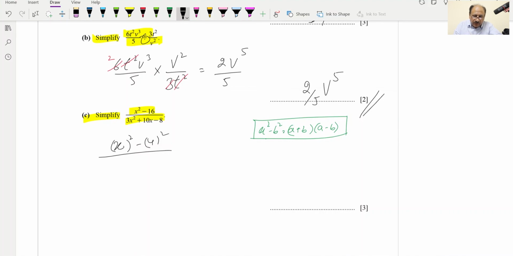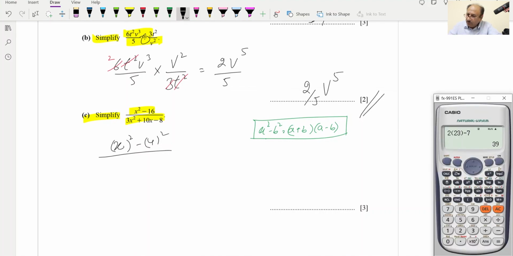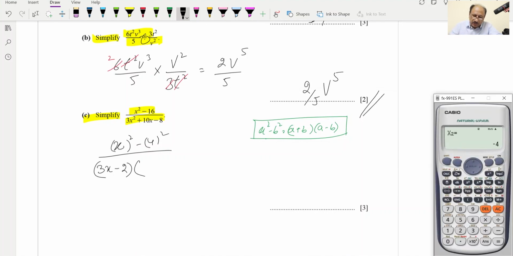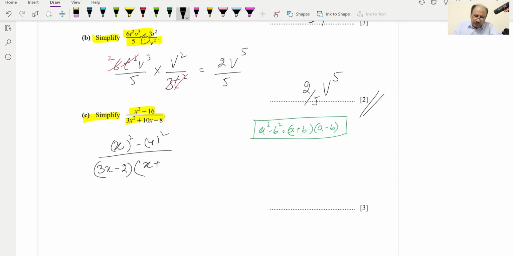For its factorization we can take the hint from here. The coefficient of x squared is 3, the coefficient of x is 10, and the constant value is minus 8. So we got 2 by 3, so we can write 3x minus 2, and the second term will be minus 4, so x plus 4.